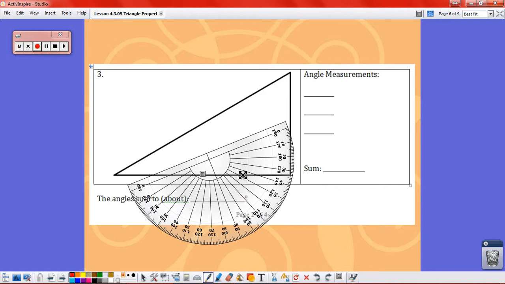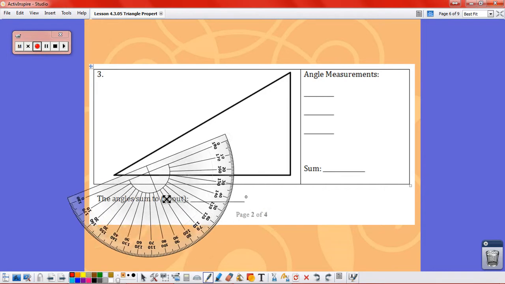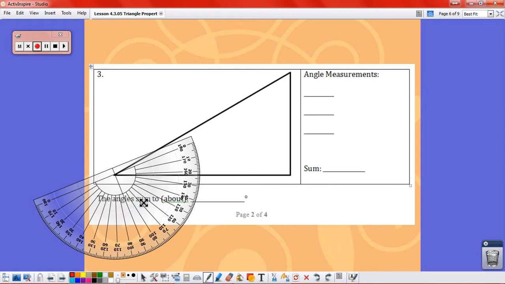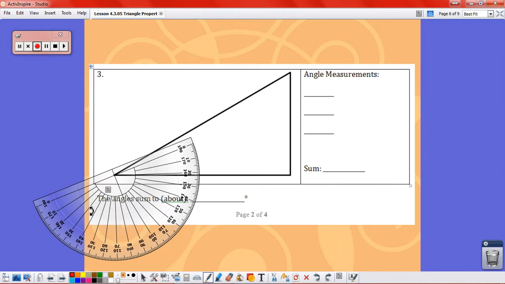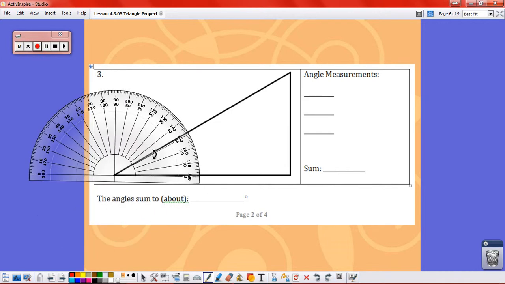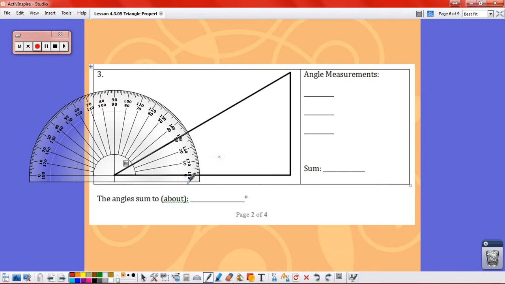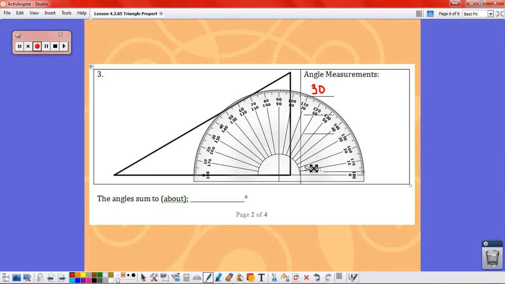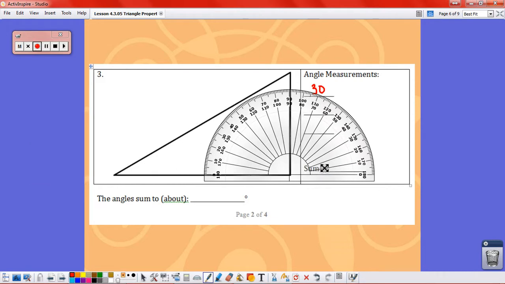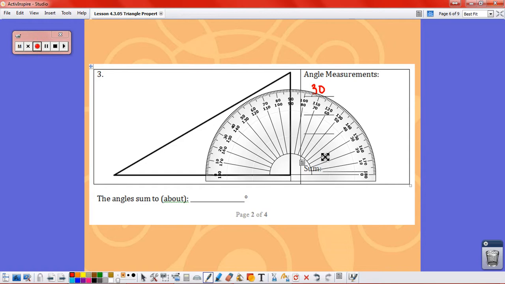Now we have this one. Let's go ahead and line up our vertex. Go ahead and rotate. This is acute. It's about 30 degrees. Let's line up this one. That's definitely about 90 degrees.